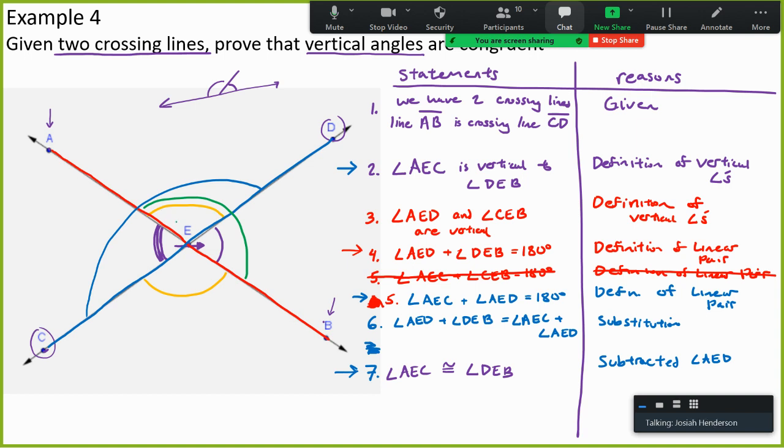We subtracted AED from both sides, making the 2 purples equal. So that means that's always true. For every set of crossing lines, the vertical angles are equal to each other. They're equal in measure, which means they are congruent in their shape.